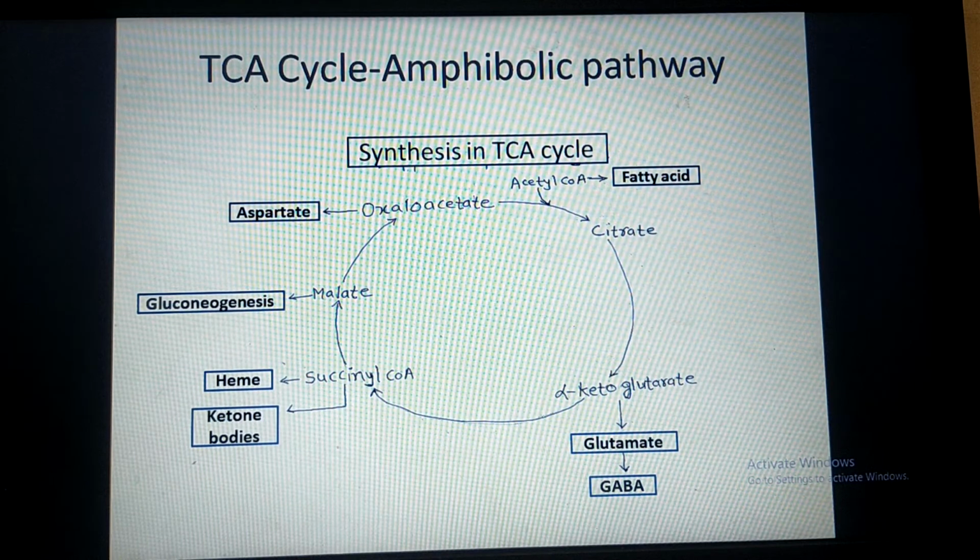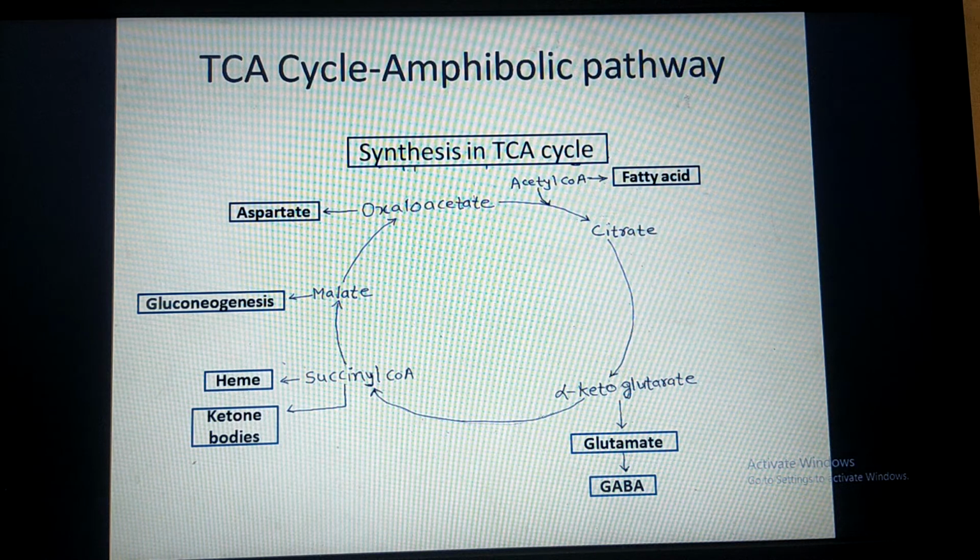For example, acetyl CoA is used for fatty acid synthesis. Alpha ketoglutarate is transaminated to form glutamic acid, which on decarboxylation forms gamma amino butyric acid, which is a neurotransmitter. Succinyl CoA is used for heme synthesis.